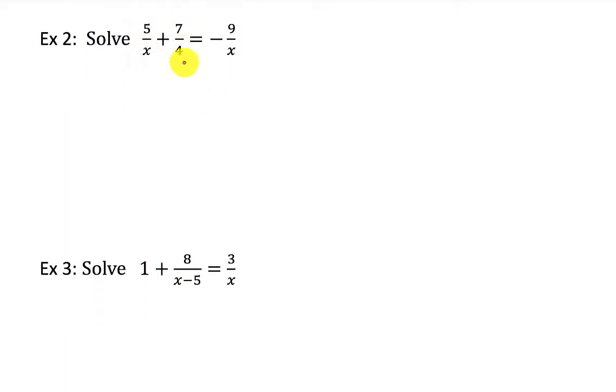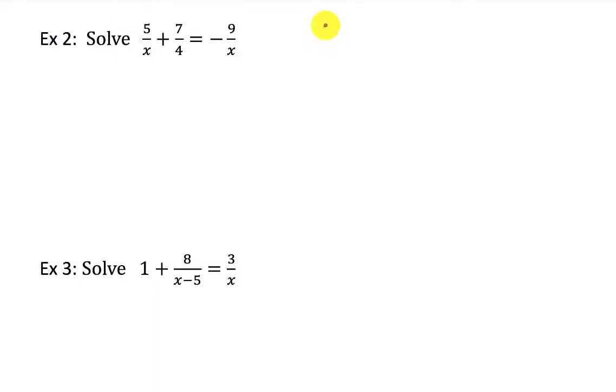In this next example, notice I don't just have a fraction equal to a fraction, so it's not just like a proportion like the first example, so we can't just cross multiply anything here. Notice we have a sum, so we can combine that by finding a common denominator first, or we can find a common denominator for all 3 of these expressions and multiply each side by that common denominator.